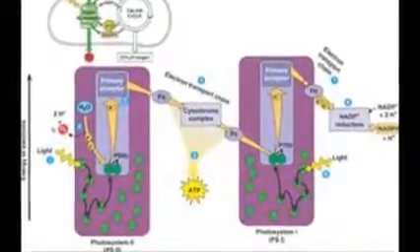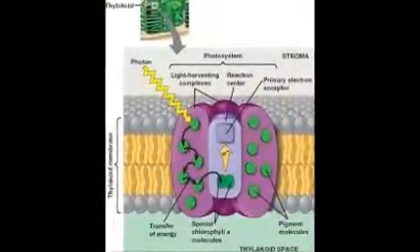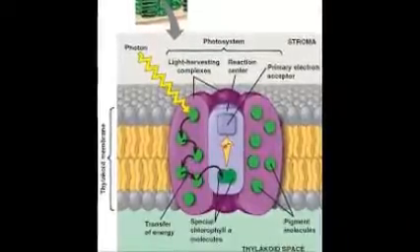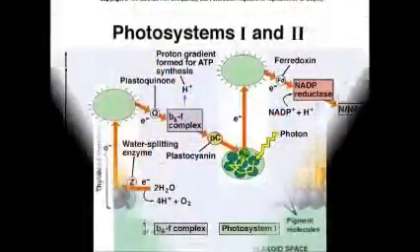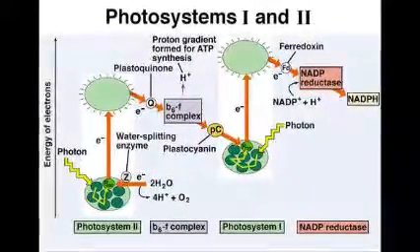In the thylakoid membrane, there are 2 photosystems. A photosystem is a protein that has chlorophyll on its inside. Photosystem 1 and photosystem 2 are located in the thylakoid membrane.